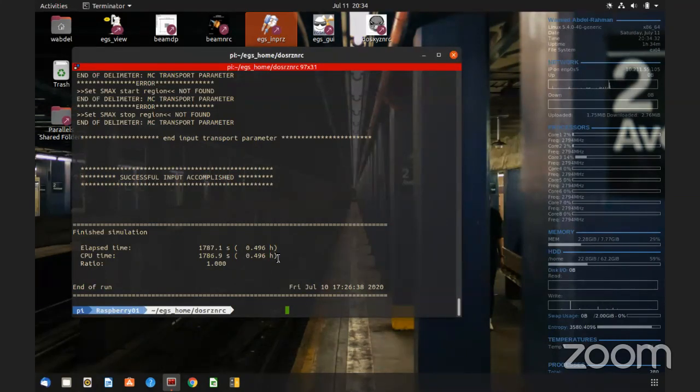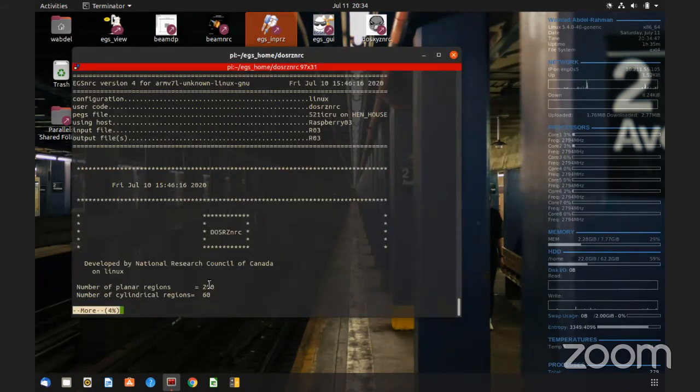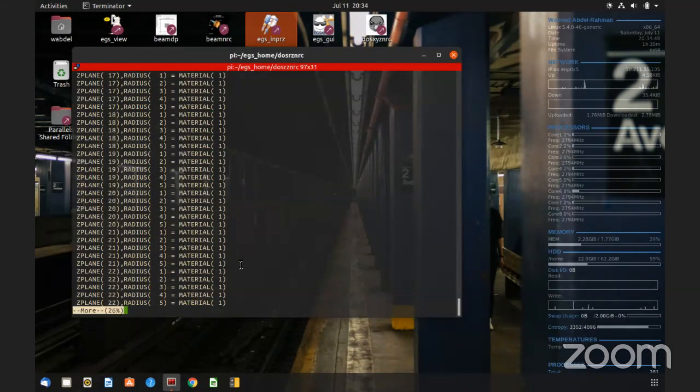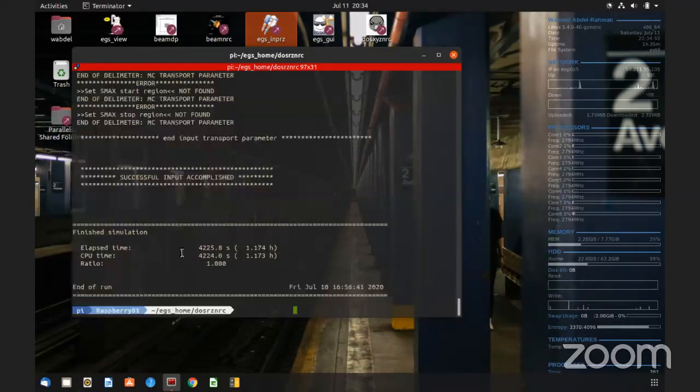Now, this is for the Raspberry Pi 3. The same file, everything the same, but now it took 4,000 seconds. So it took more than double the time.